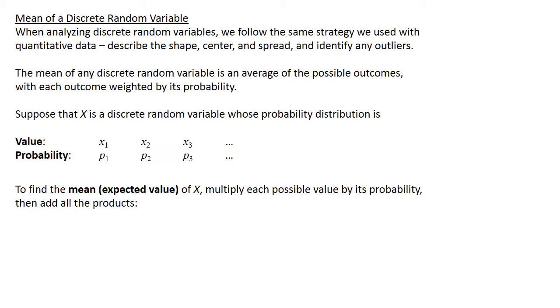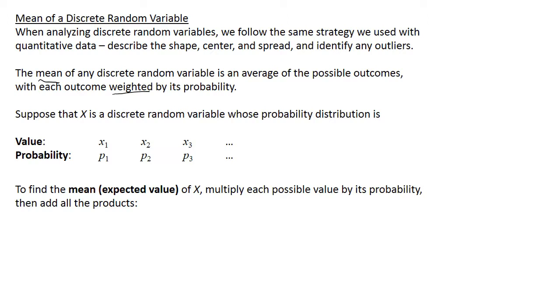So we'll talk about the mean of a discrete random variable first. The mean of any discrete random variable is an average of the possible outcomes, but it's weighted by the probability because some outcomes are more likely than others.